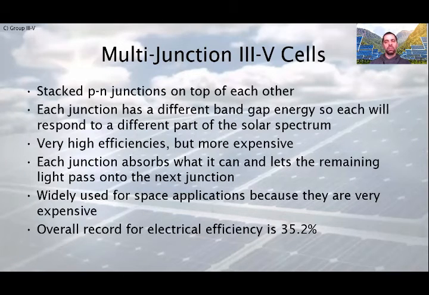But to approach this level, multi-junction solar cells not only need multiple subcells, but optimal semiconductor materials for the subcells to provide a combination of bandgaps that cover as much of the solar spectrum as possible. So they have very high efficiencies, but they are very expensive. Therefore, they are widely used for space applications.